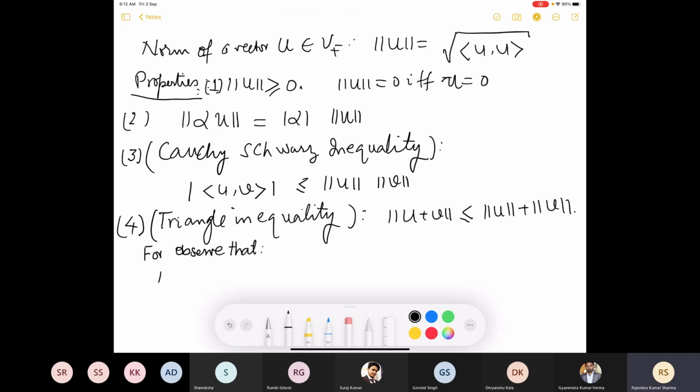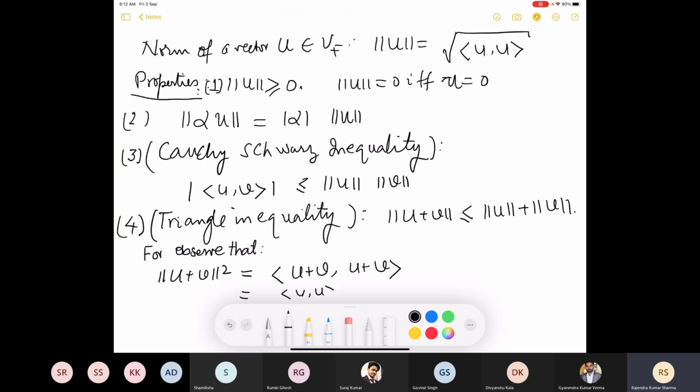The norm of U plus V squared has been defined as the inner product of U plus V with U plus V. And using linearity here, because no scalar multiples are involved, you can treat this as linear in both the coordinates.